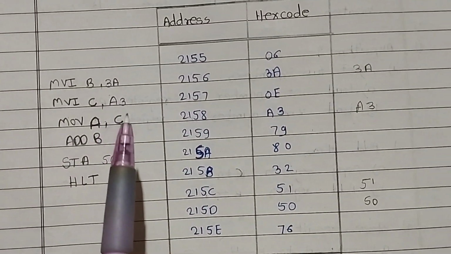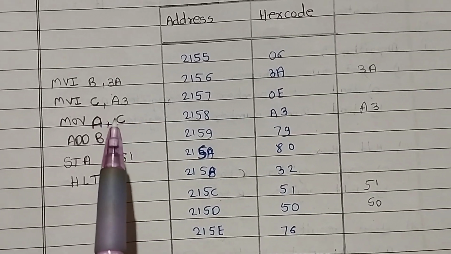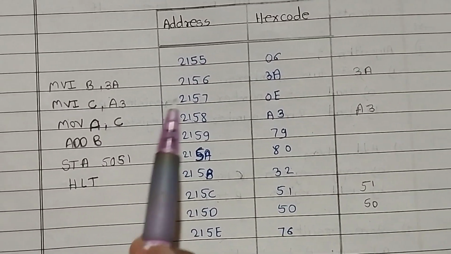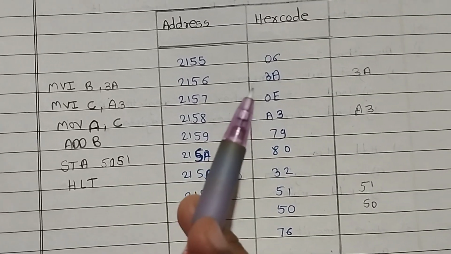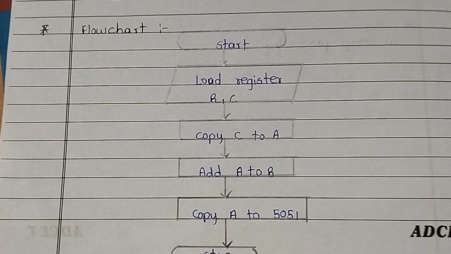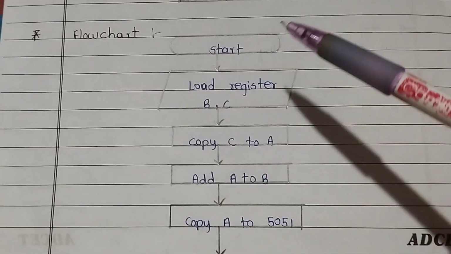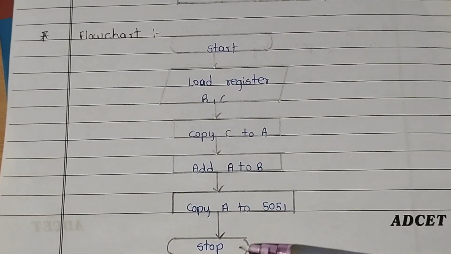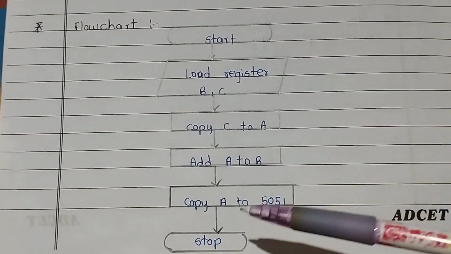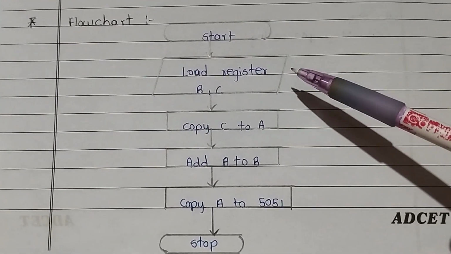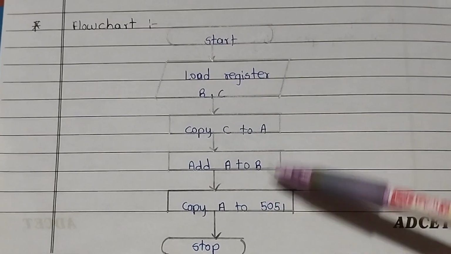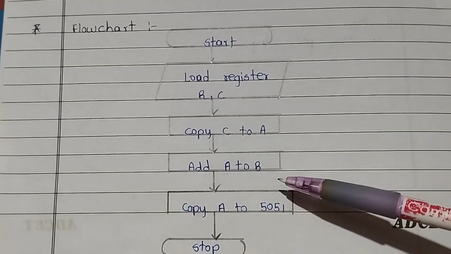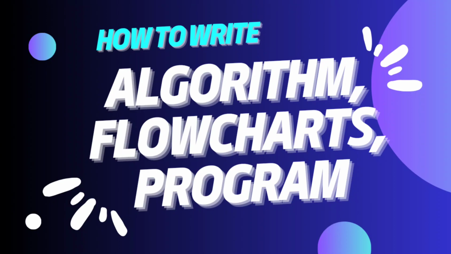Now I hope you get the idea of how to write a program when the instructions are given in hex code. In the flowchart, start and end are drawn in a circular shape, input in a parallelogram, and the processes in simple rectangles. These flowcharts, algorithm and program I provided in the description box. Go and collect them. Thank you.